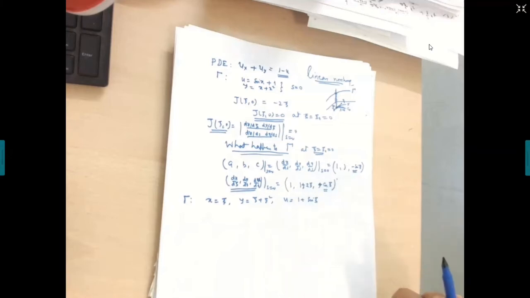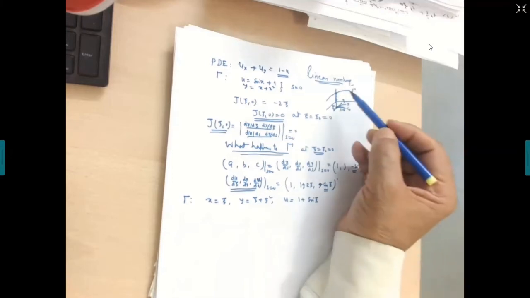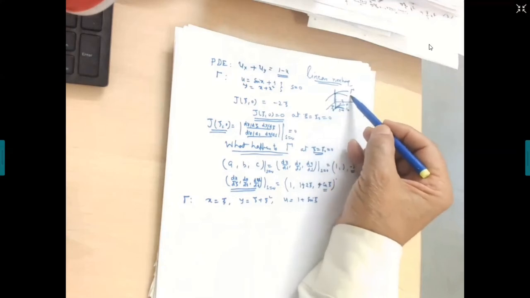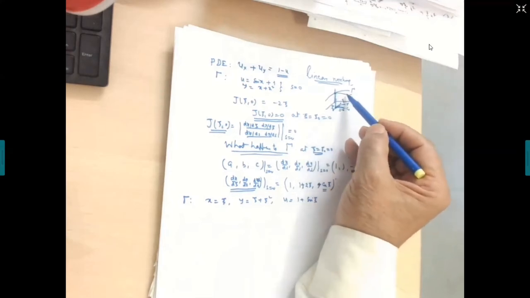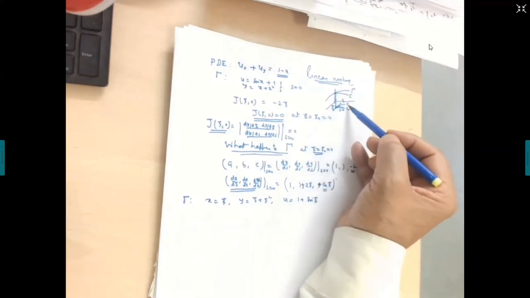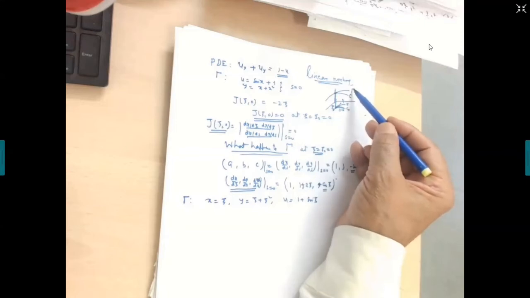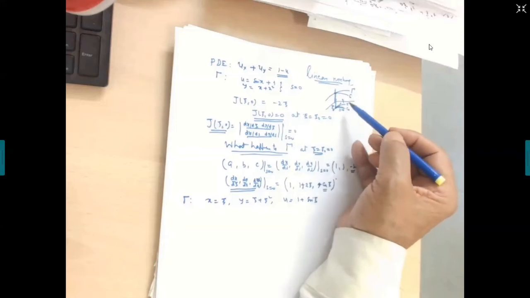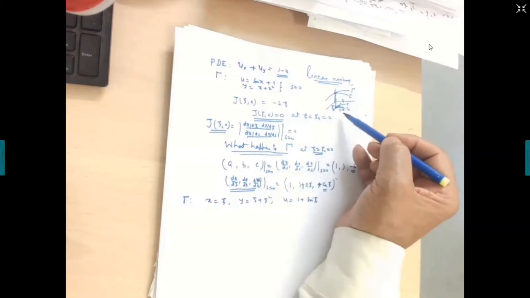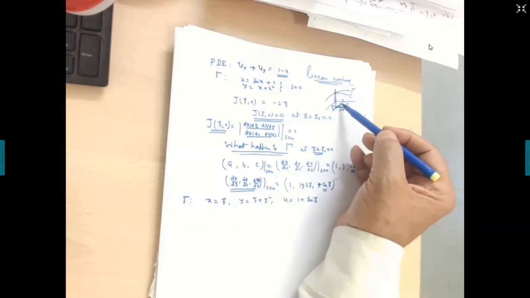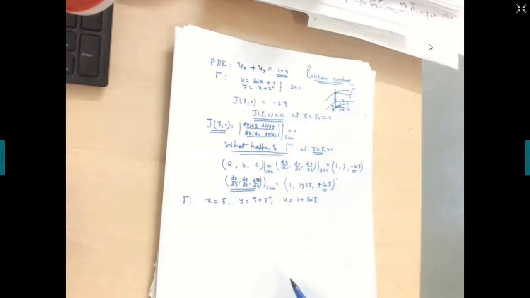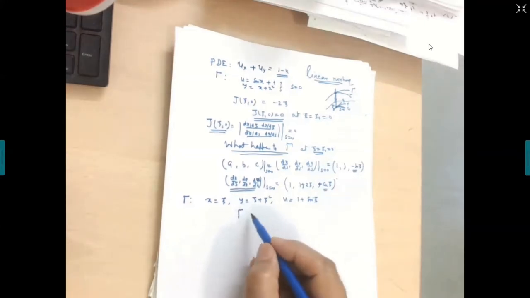This means it does not coincide with the characteristic tangent to C. This small gamma is the projection of capital gamma, small c naught is the projection of capital C. Here they coincide, but there they don't. The rank condition does not hold.